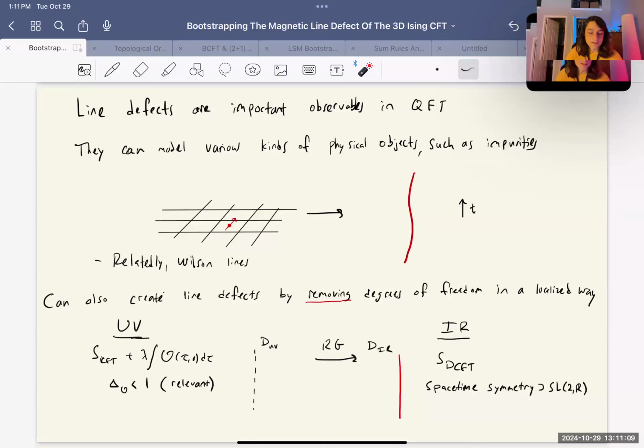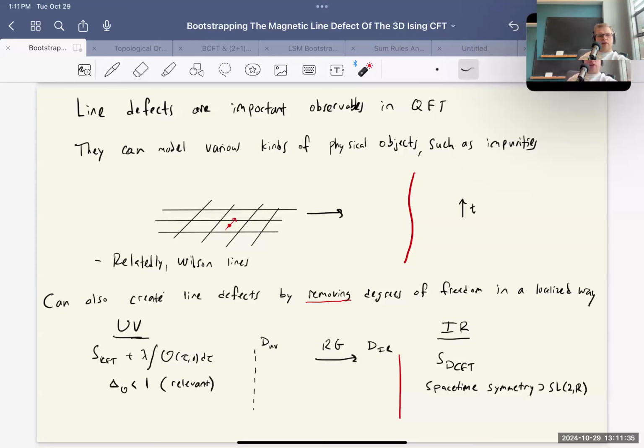In 4D, I think it's much harder to construct line defects, at least perturbatively. Aren't there unitarity bounds that make these things hard to find?